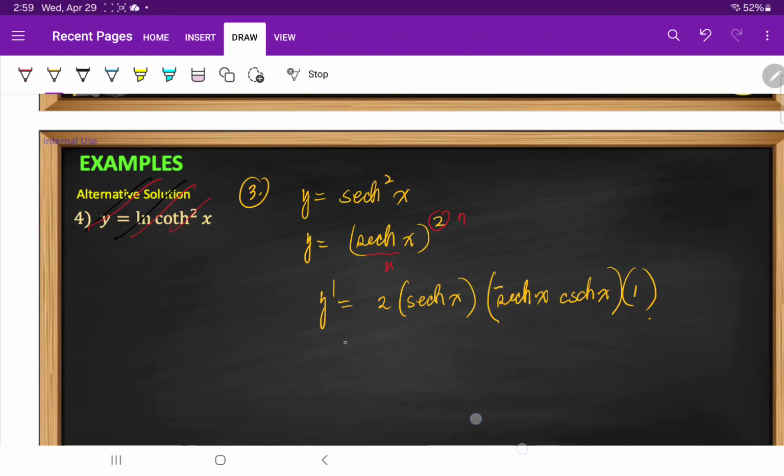Okay, so we get here y prime is negative 2 hyperbolic secant square x times hyperbolic cosecant x. For hyperbolic secant, sorry, this should be tangent.